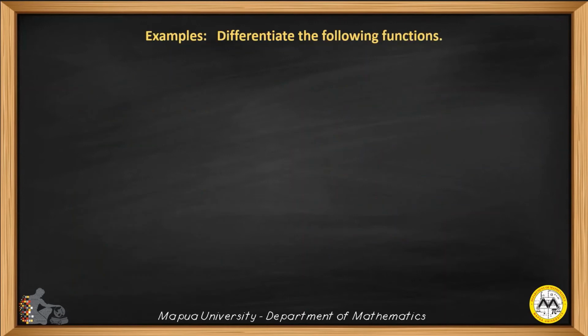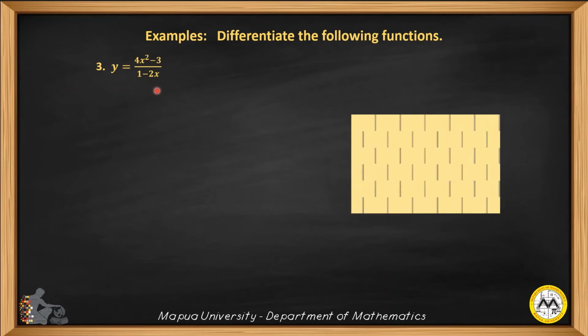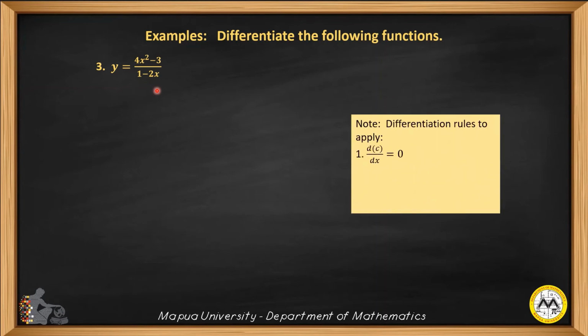Okay, for our third example, we will be differentiating the function y given by 4x squared minus 3 divided by 1 minus 2x. In differentiating these functions, the following rules would apply. That the derivative of a constant with respect to x is 0.